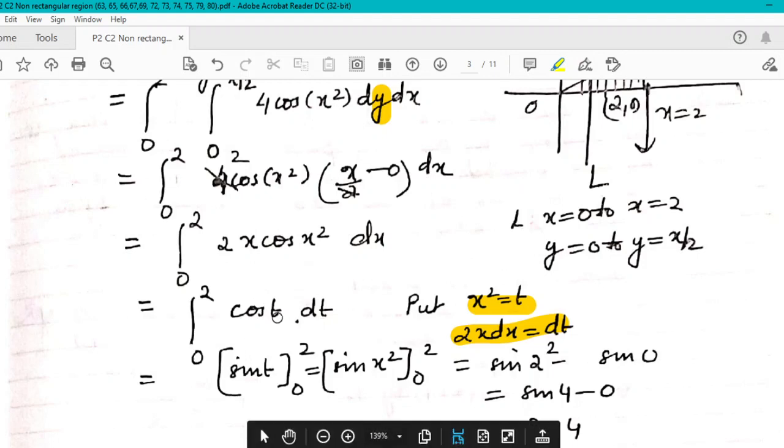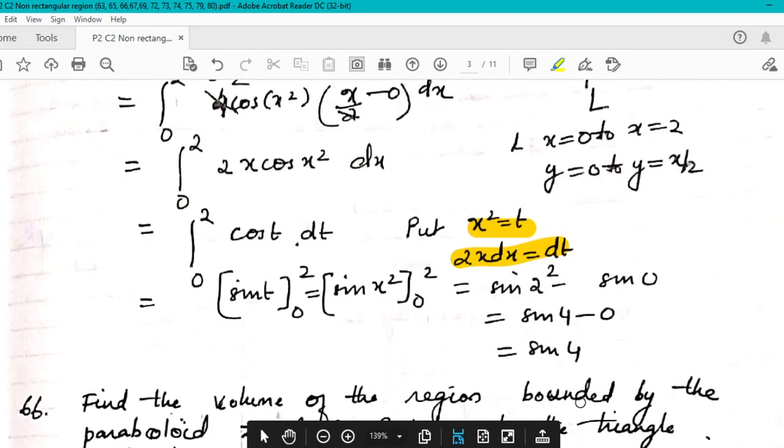What is the integral of cos t dt? Sin t. Now t is x square, so sin x square, with limits from 0 to 2. Putting the upper limit minus the lower limit, sin 2 square minus sin 0, that is sin 4 minus 0. So the answer is sin 4.